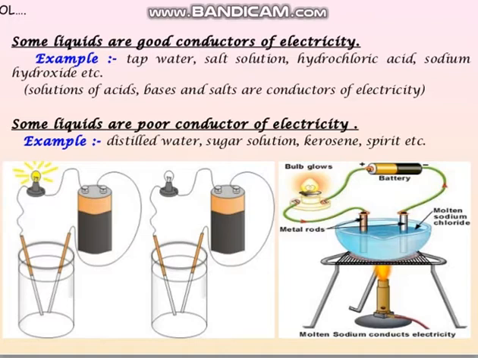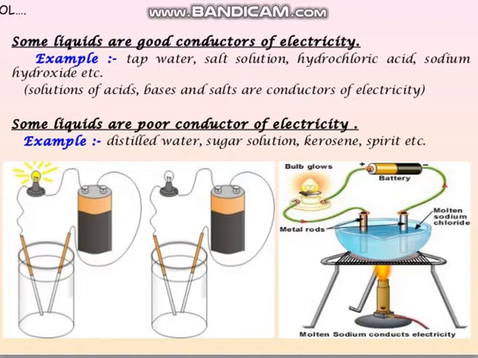We use two terminals attached to the battery and the bulb, dip the terminals in the solution, and switch on the battery. If the bulb glows, the liquid conducts electricity, and if the bulb doesn't glow, the solution does not conduct electricity.